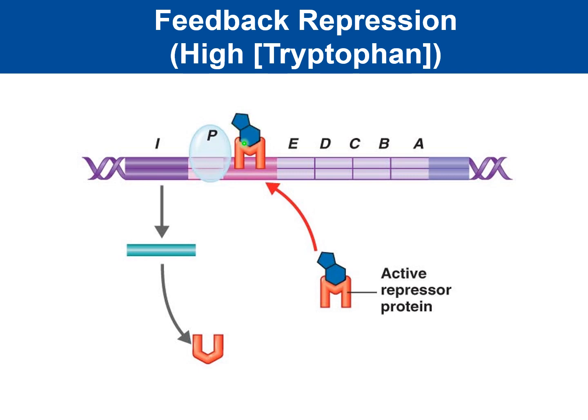When enough tryptophan is made, then the cell will have enough amino acid, tryptophan, that will then bind to the repressor protein, which in this case starts out in the inactive form. So I should label that. Okay, we're going to label this as an inactive repressor protein.